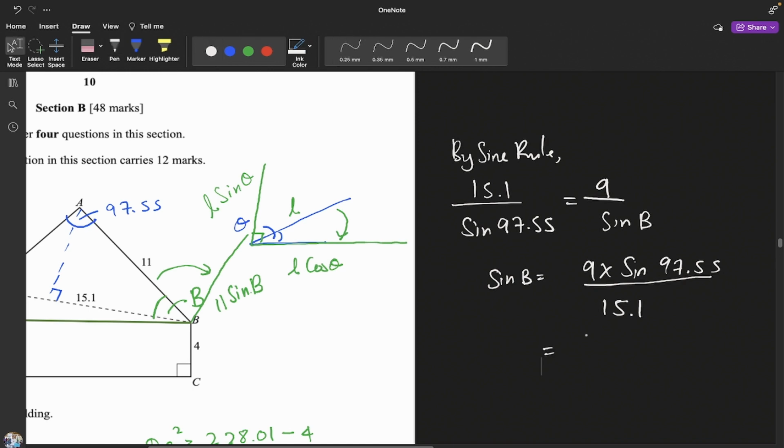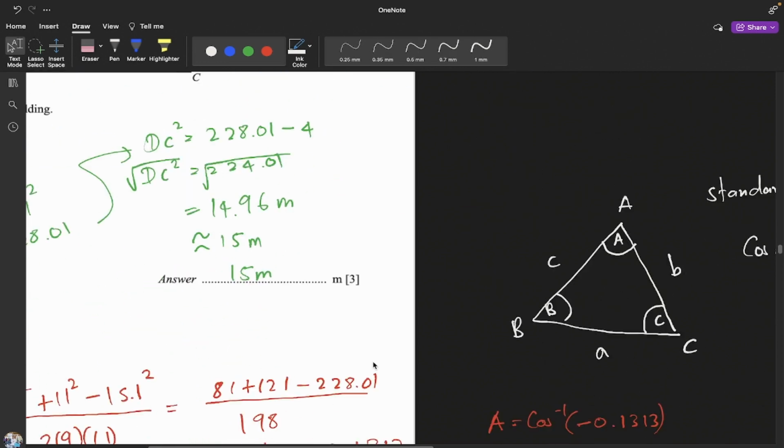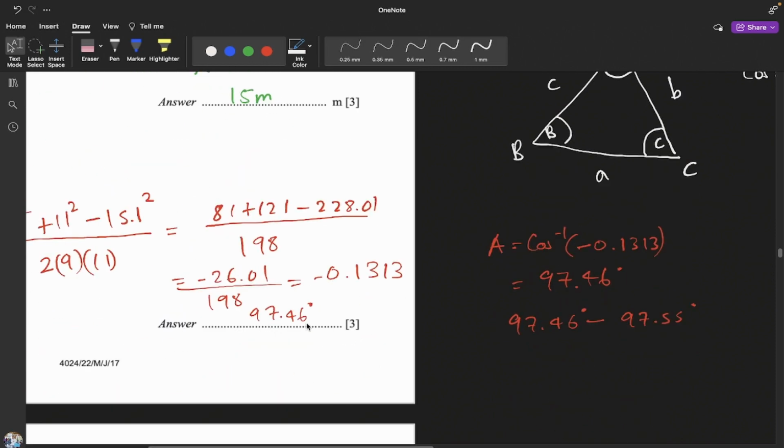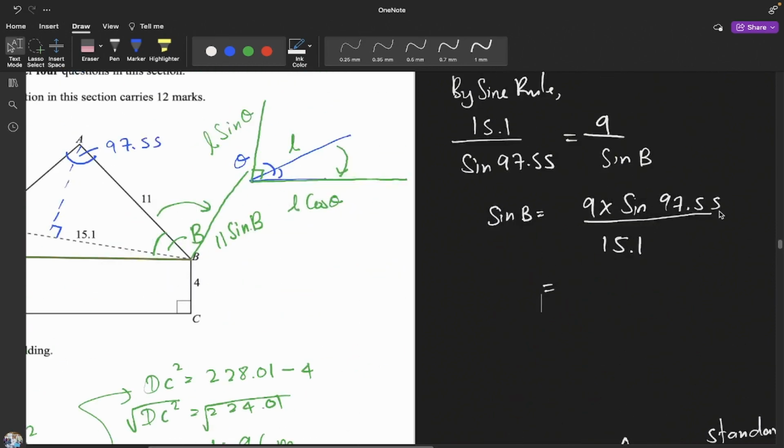Now you can find sine B. Use a calculator: 9 multiplied by sine 97.55. One more thing: if you have used 97.46, it's better to use 97.46 here, because the answer will be consistent. So let's take 97.46.